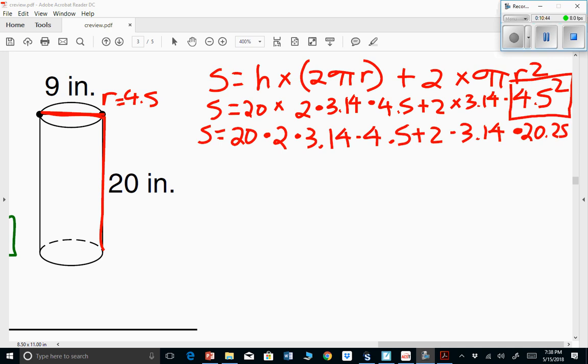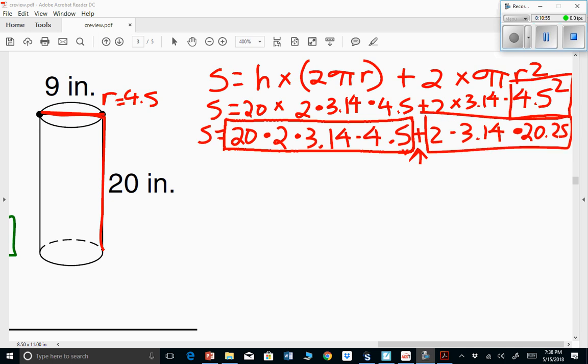Okay, now I want you to notice this plus sign in the middle here. All of this stuff is getting multiplied together, and all of this stuff is getting multiplied together, and then those two pieces are going to be added up.